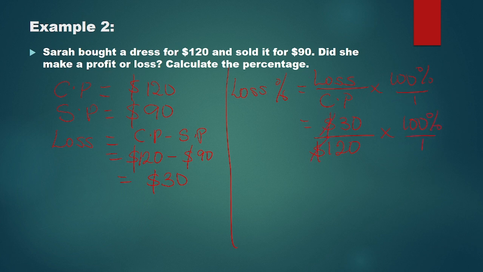So dollars will take out dollars. If I do my multiplication, I'll have 3,000 divided by 120. Don't forget your percentage symbol.